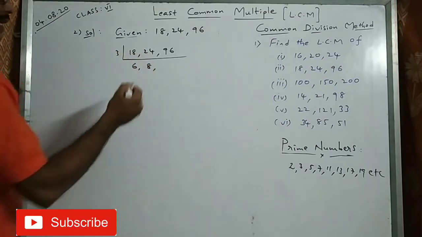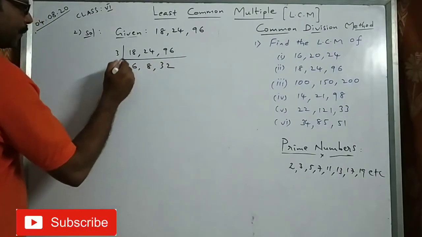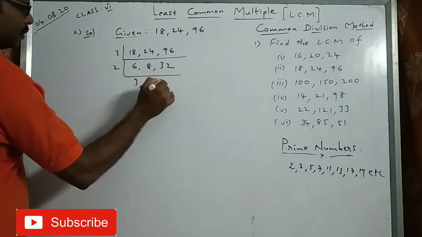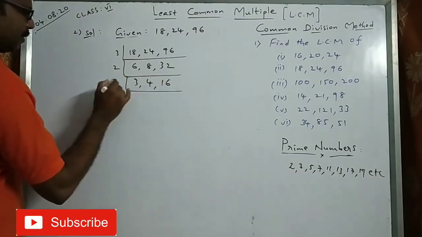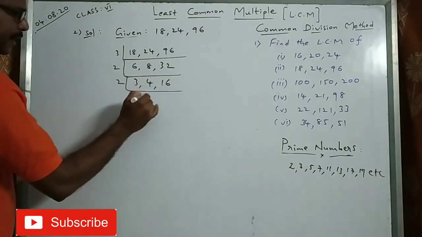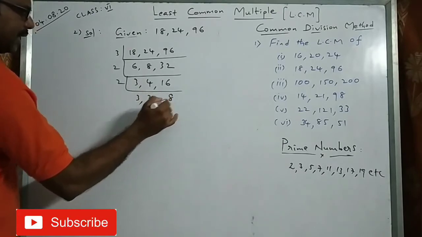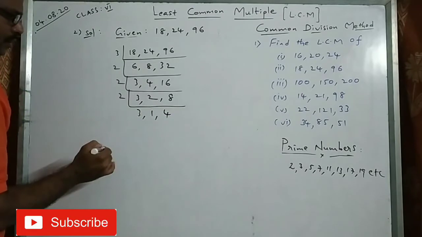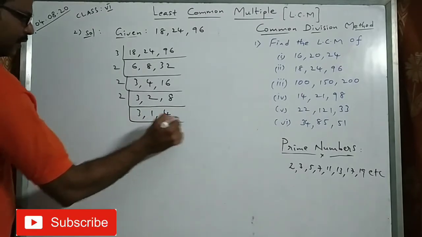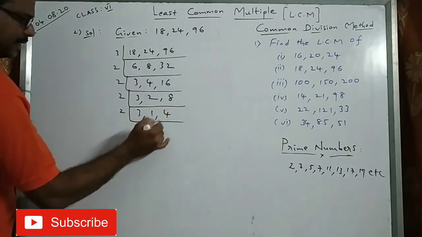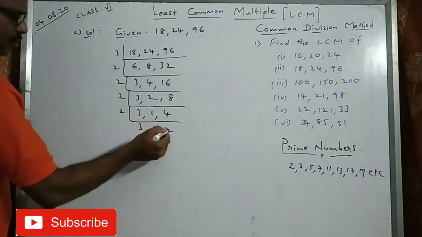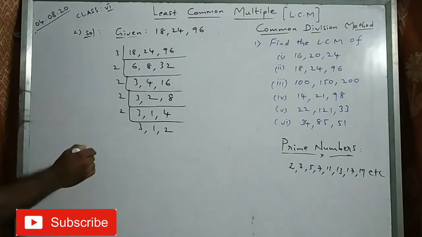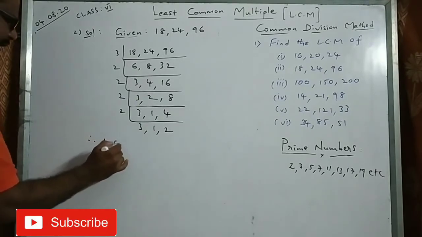Learn the tables perfectly. Now 2 table I will see. 2 3s, 2 4s, 2 16s. Again 2, this will not go. 3, drop it as it is. 2 2s are 4, 2 8s are 16. Again 2 will go. 2 1s, 2 4s. So 3 as it is, 1 as it is, 2 2s are 4. Now 2 and 3 are already primes. 1 is neither prime nor composite, so that is the final simplification.